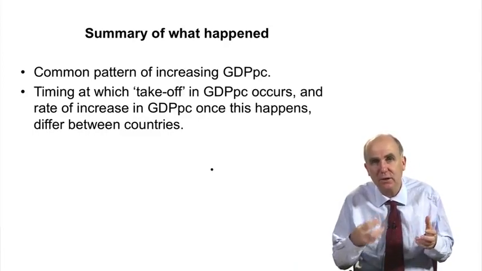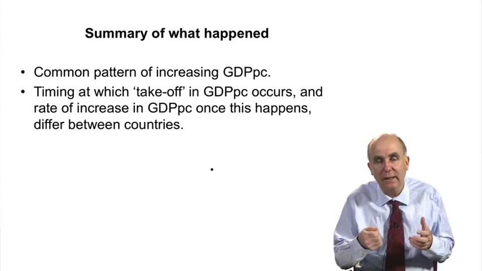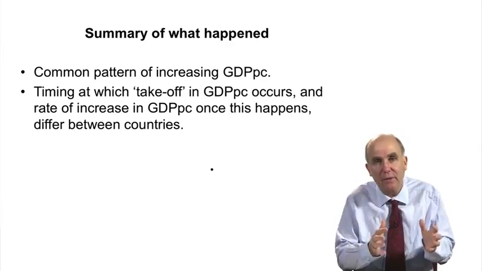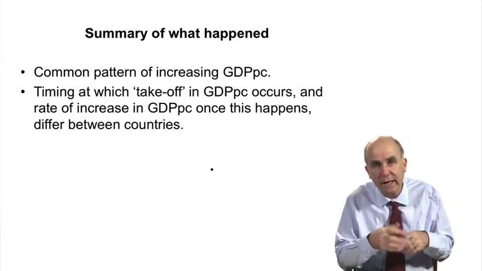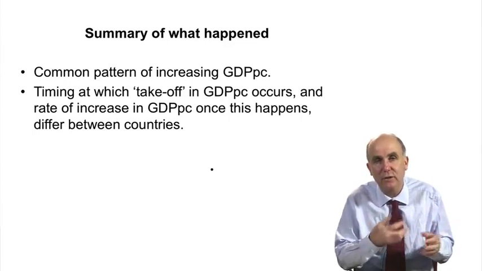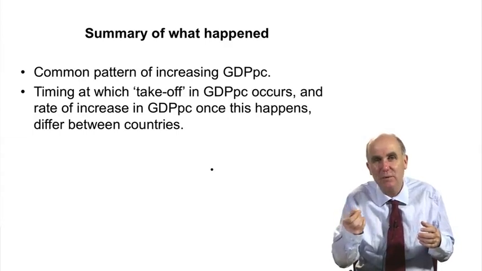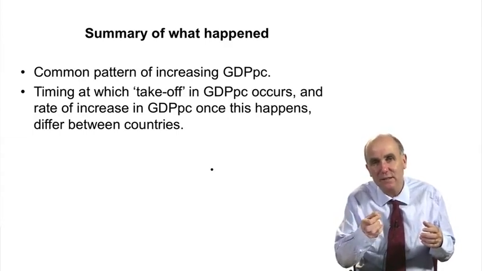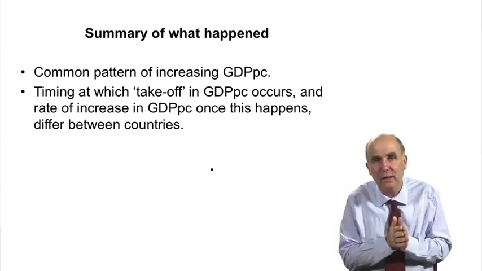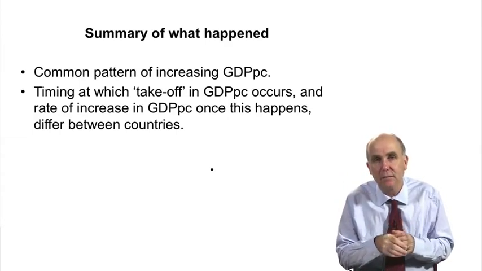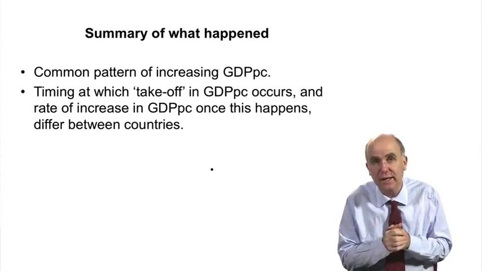Generally throughout Europe there was a common pattern of increasing GDP per capita. What had happened initially is that the UK had moved ahead of these other countries by having the Industrial Revolution first, but as well as increasing GDP per capita, these other countries start to catch up to some degree with the UK. But the second point is there's a lot of heterogeneity there as well.